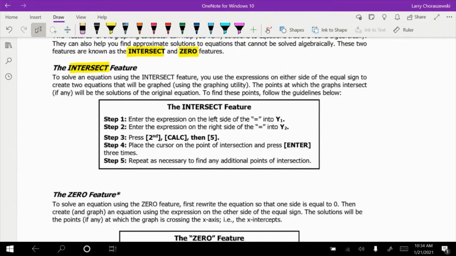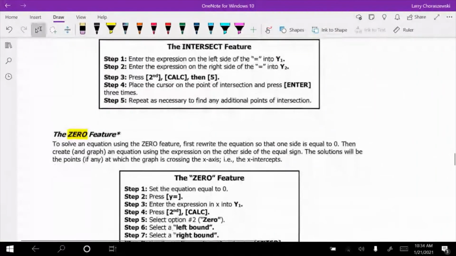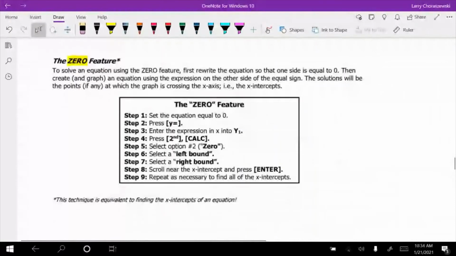All right, and then there's some steps we can take to help us find out exactly where they're crossing. The zero feature is used when your equation is set equal to 0, in which case this doesn't require two equations. There's just going to be one equation that we type in, and the points that serve as our solution using the zero feature are going to be the x-intercepts of the graph.